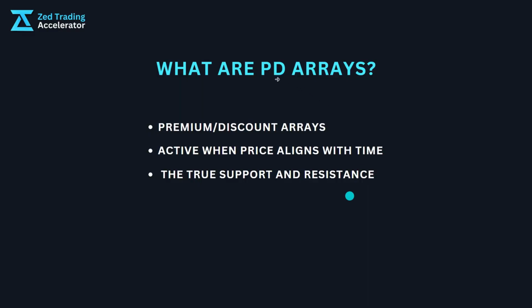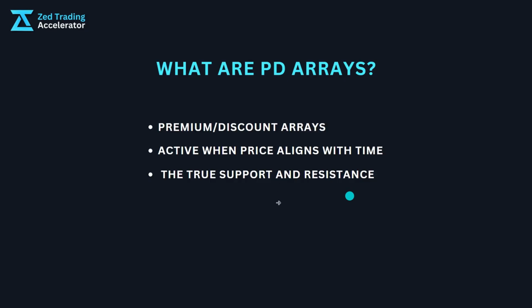PD arrays are the true support and resistance. This is the most used term in the trading space, support and resistance. But retail traders use equal highs and equal lows as support and resistance, which is the wrong way to go. The true support and resistance are PD arrays.